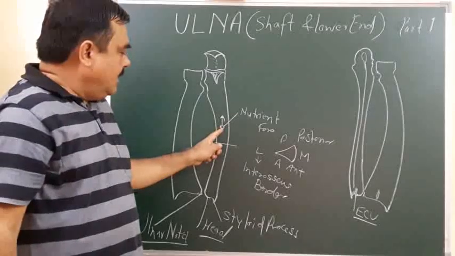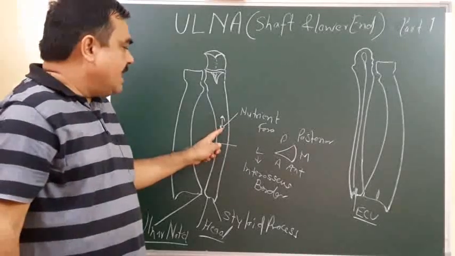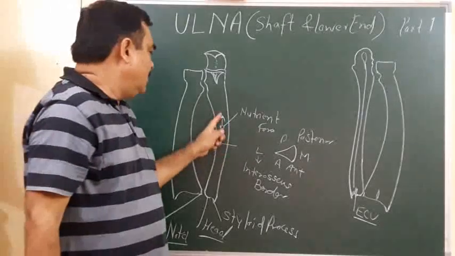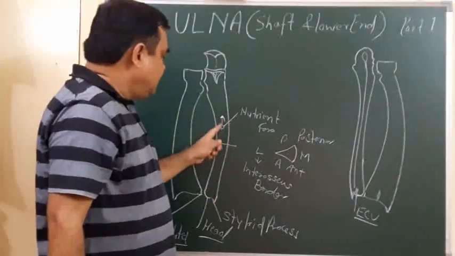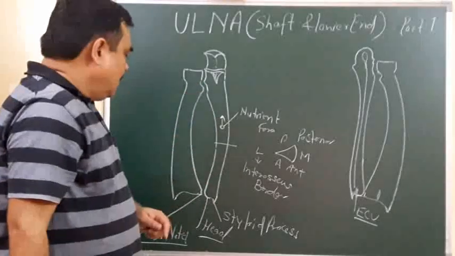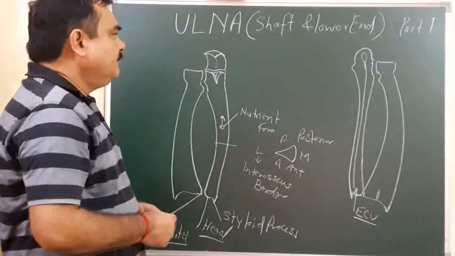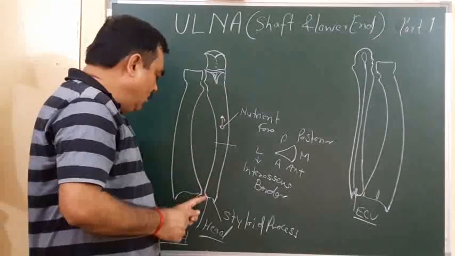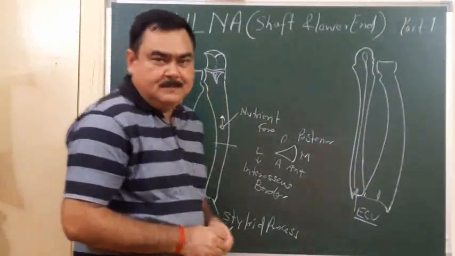That nutrient branch passes through this towards the upper side. So the direction is upward. So this is all about part one, shaft and lower end.